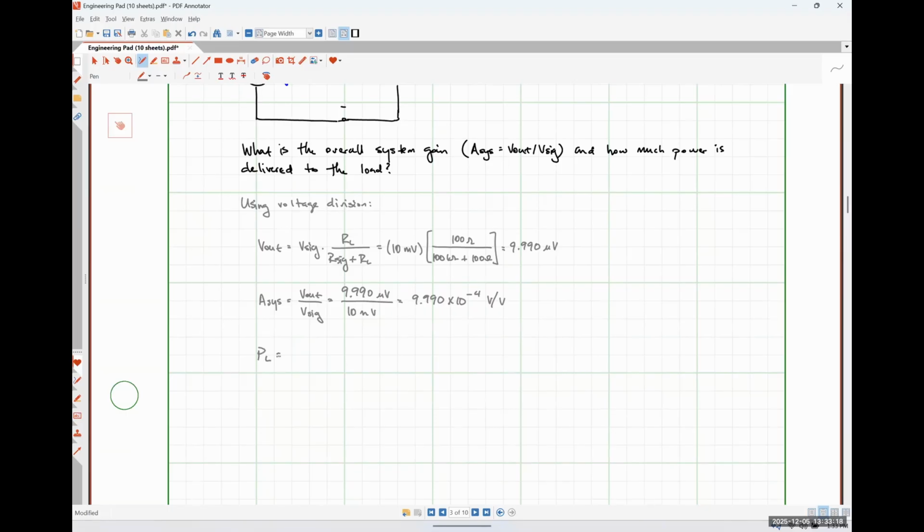And my load power is just going to be my output voltage squared divided by my load resistance. So that would be 9.990 microvolts squared over 100 ohms. Comes out to be 9.998 times 10 to the minus 13 watts. So this transducer by itself delivers practically no power to the load whatsoever. Okay.